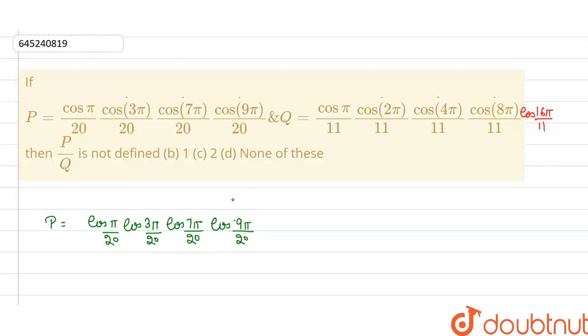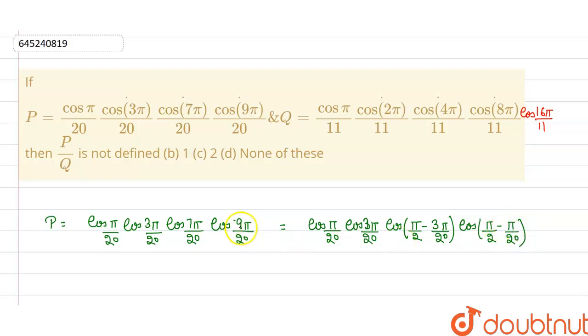Now I can rewrite this term as cos pi by 20 into cos 3 pi by 20, and this cos 7 pi by 20 I can write as cos of pi by 2 minus 3 pi by 20, into cos of pi by 2 minus 5 pi by 20, that is pi by 20 here.